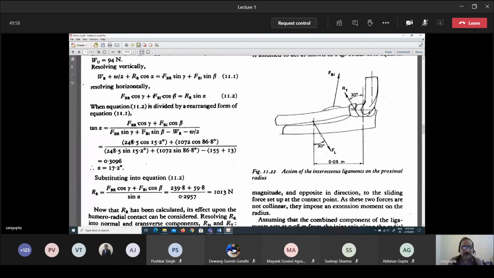So for a particular activity, say flexion, some muscles and some ligaments have a major contribution. For another movement, say extension, some muscle might have little contribution, some muscle might have major contribution, similar to the contributions of the ligament.